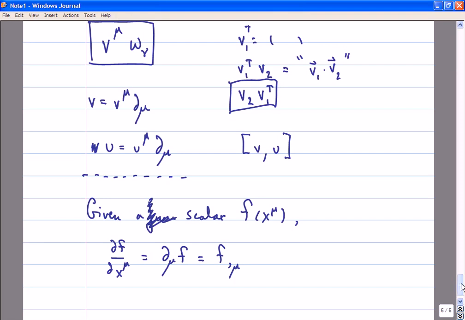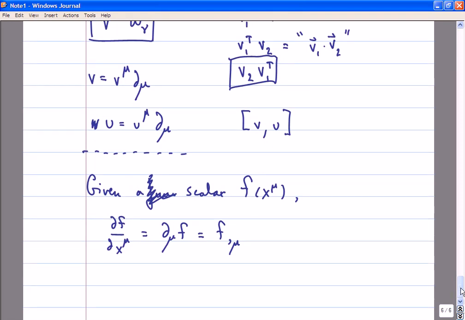So this is a set of d quantities associated with a scalar. And my claim is that these d quantities transform as a one-form. So let's check that. Let's compute them in a new coordinate system.